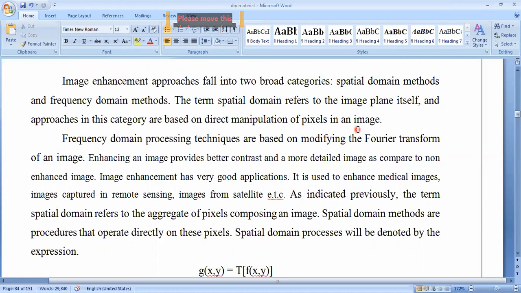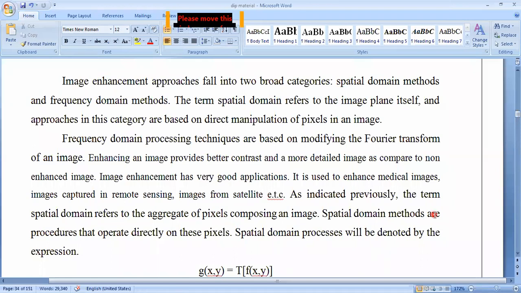Coming to the frequency domain, definitely we need to apply a Fourier transform, which converts the spatial domain to the frequency domain. On the frequency domain coefficients, we perform filtering operations.